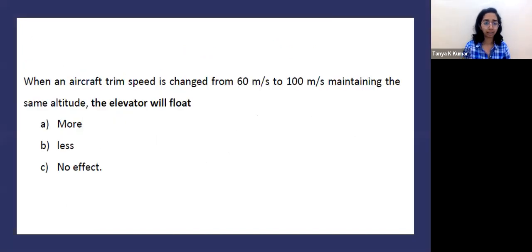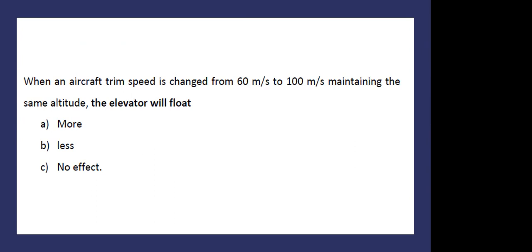Okay. Next question. When an aircraft's trim speed is changed from 60 meters per second to 100 meters per second, maintaining the same altitude, will the elevator float more or less? Delta E float. It will be less, ma'am. Okay.